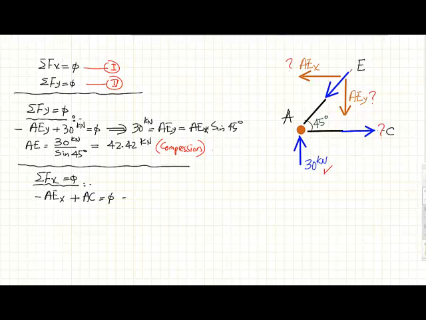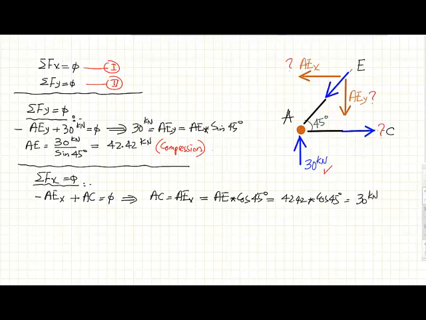So AC is equal to AEX, and AEX is equal to AE multiplied by cosine 45 degrees, and AE is calculated to be 42.42 multiplied by cosine 45 degrees, and that is equal to 30 kilonewton.